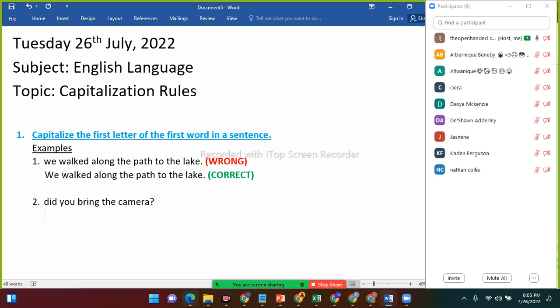And the correction that we could make here is, we need to capitalize which letter?